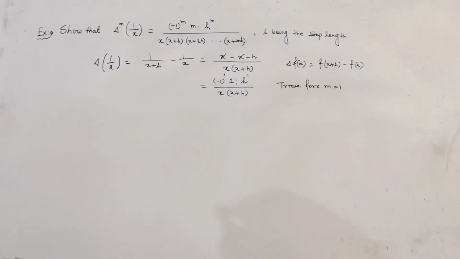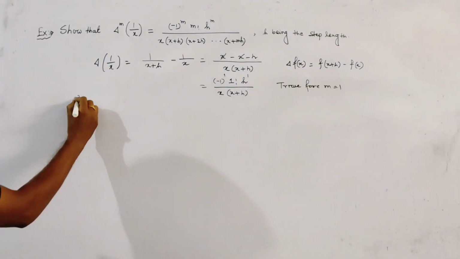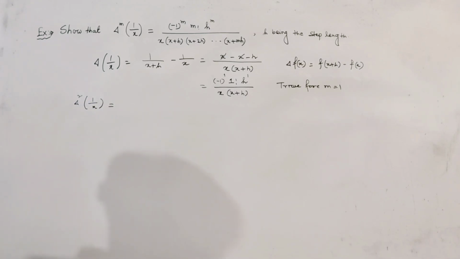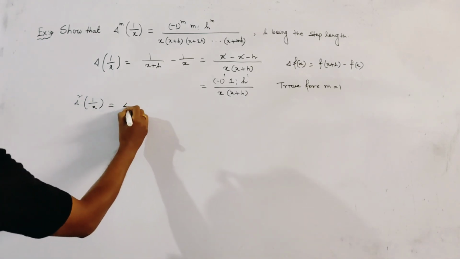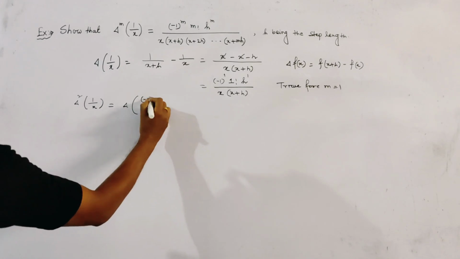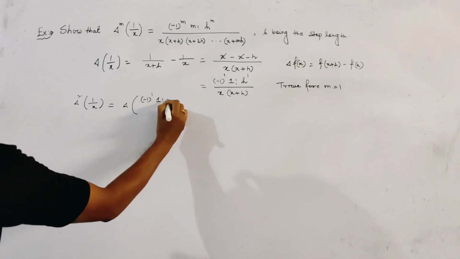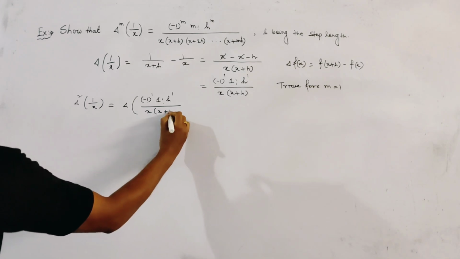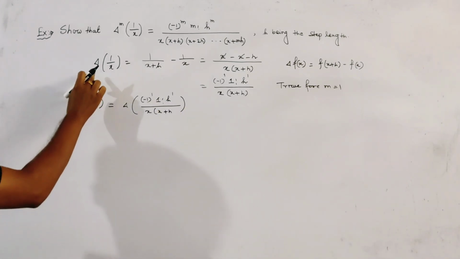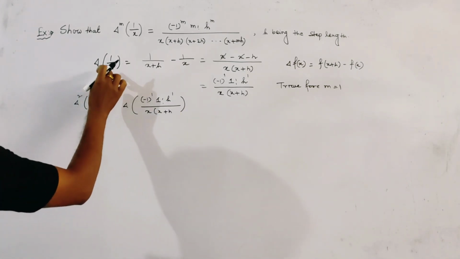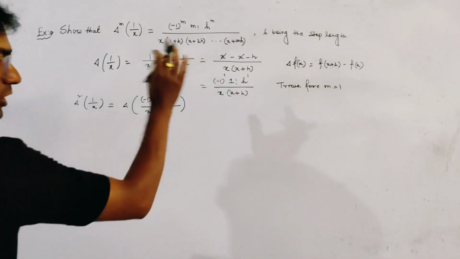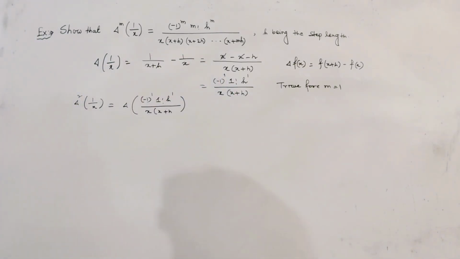Now taking the second order forward difference of 1 by x, this is given by delta of minus 1 to the power 1 into 1 factorial into h to the power 1 by x into x plus h, because delta squared of 1 by x is delta of delta 1 by x, and delta 1 by x is equal to this. We already found this.